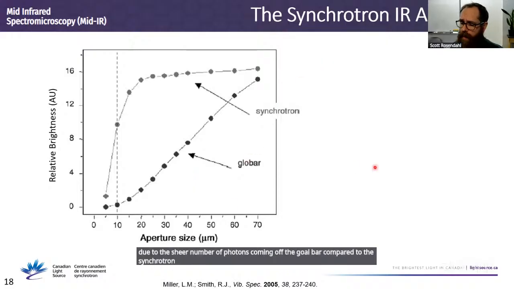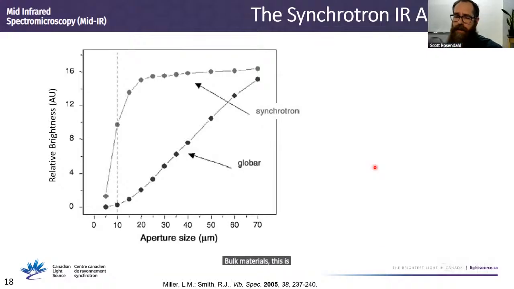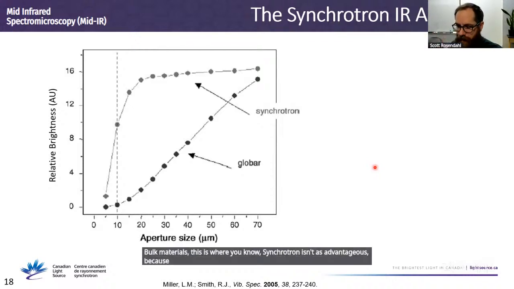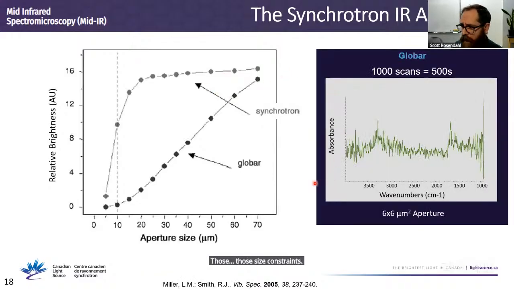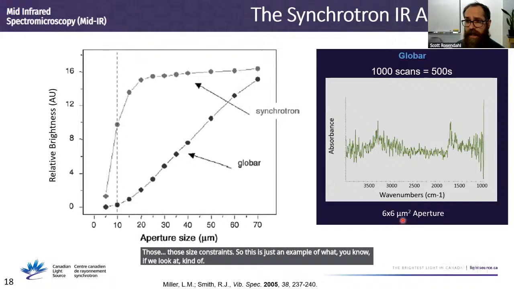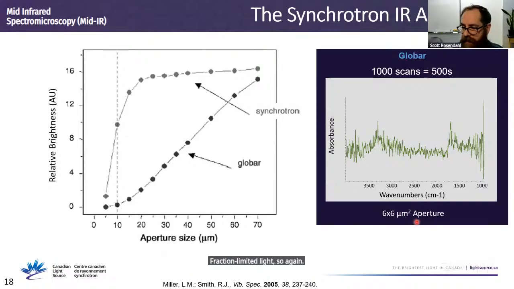So when it comes to doing bulk spectroscopy on bulk materials, this is where synchrotron isn't as advantageous, because we're not overly confined by those size constraints. This is an example of looking at diffraction limited light, using the definition of half the wavelength of light.